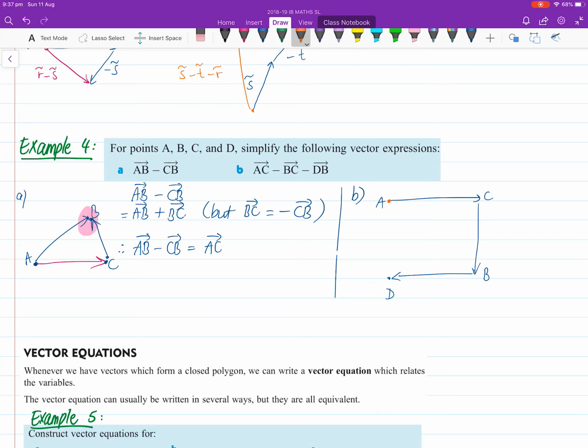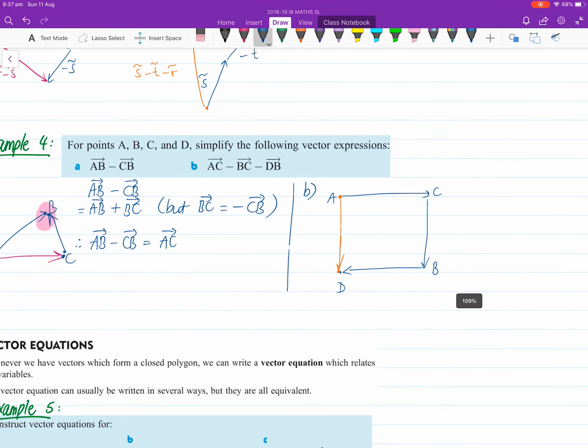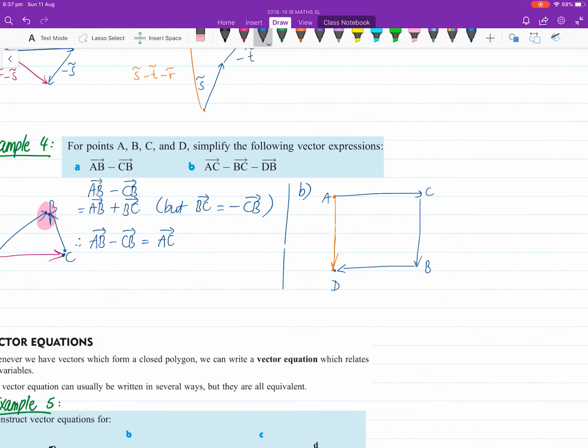And then you just start from your tail end and go to your tip, right? So you can see it's going to be vector AD. Does that make sense? If you want to write it out, I'll do some working to help you. I'm more visual. I just see it visually and follow along, but it's still helpful to write this out.